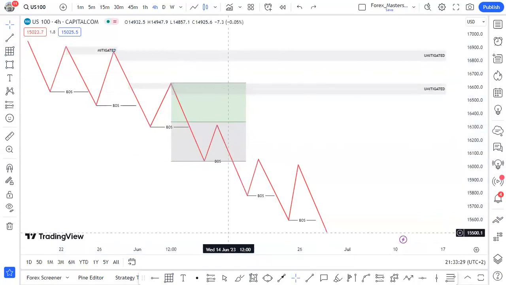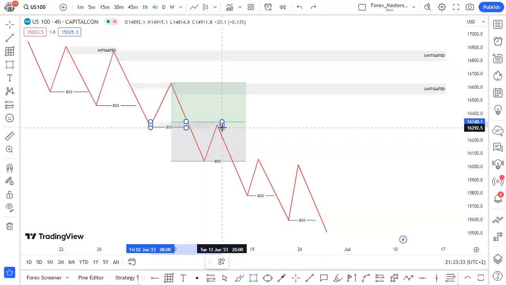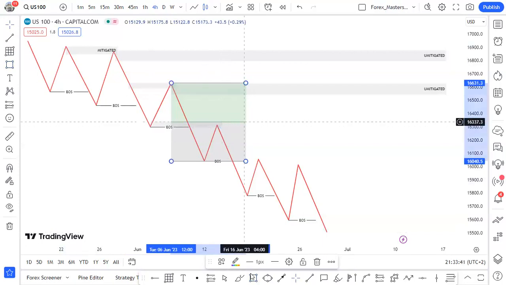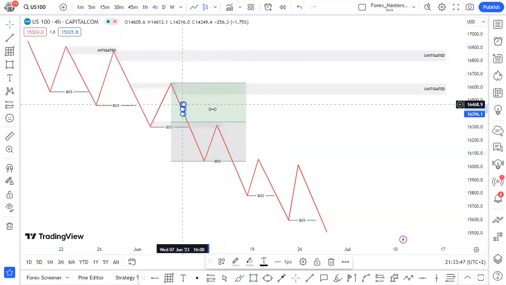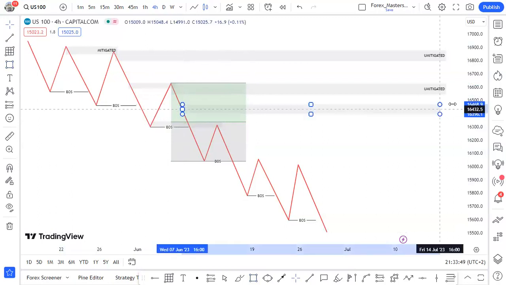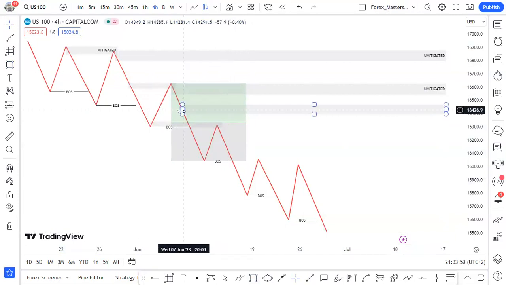Maybe this was one of those break and retest kind of trades, and this is not something that we would like to trade. I don't take break and retest because it's not in my strategy. So I wait to see price, unless the break and retest is happening in my premium or discount zone.